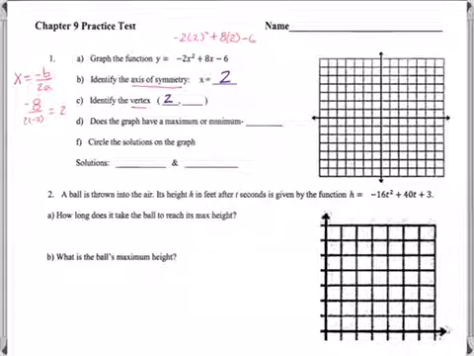In this case, I think we get 2. So the y value of our vertex is also 2. So we currently have our vertex as the point (2, 2), and we can plot that first. This will be our vertex point.